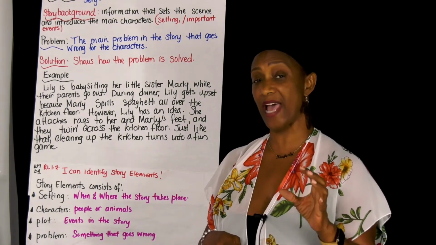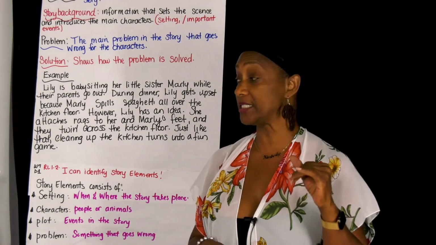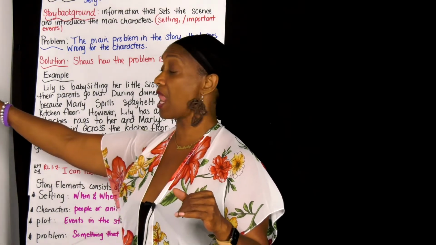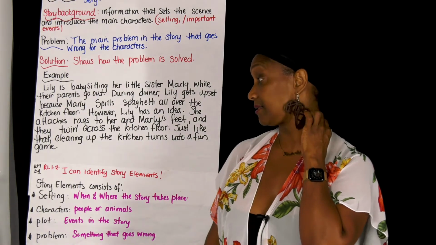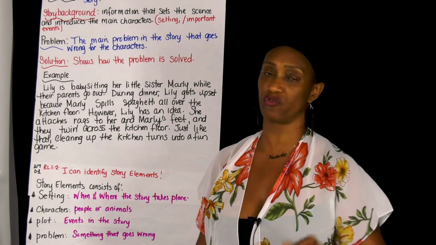Compare and contrast shows two or more things that are the same or different. The words we would look for there are like and unlike, some, both, similar, different, on the other hand.